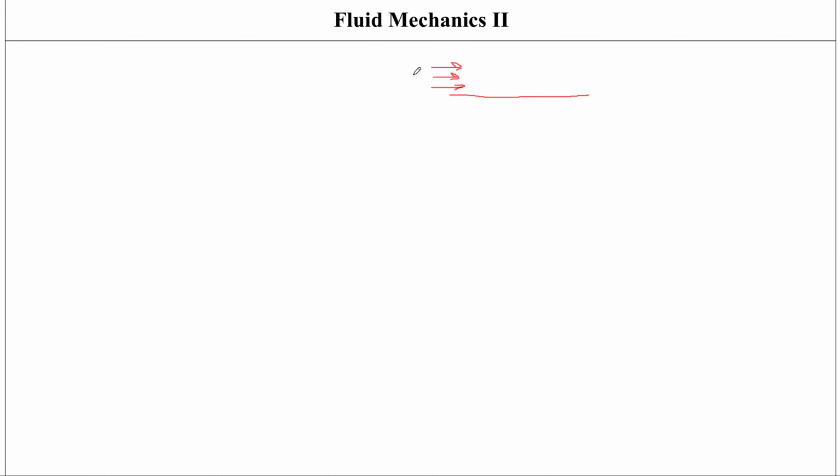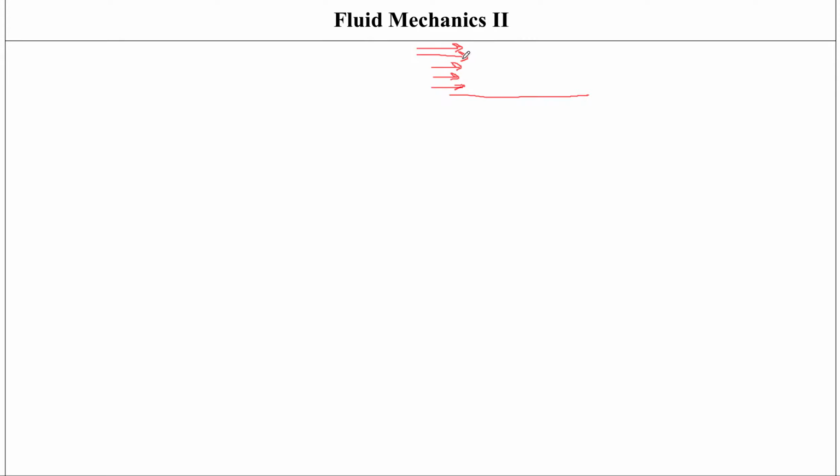So if, let's say, this is the fluid that is flowing in here and you've got water, then there's going to be some other kind of fluid flowing on top of it, and that is usually the atmosphere. So that's usually air. So you've got a free surface that exists between the flowing fluid and the fluid above it.